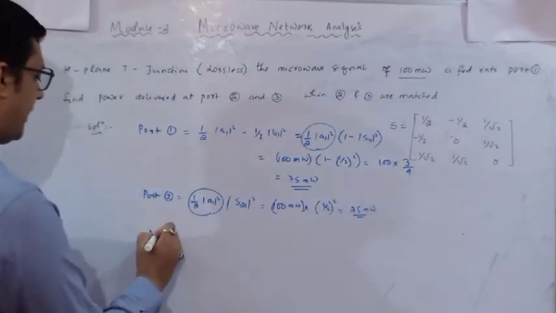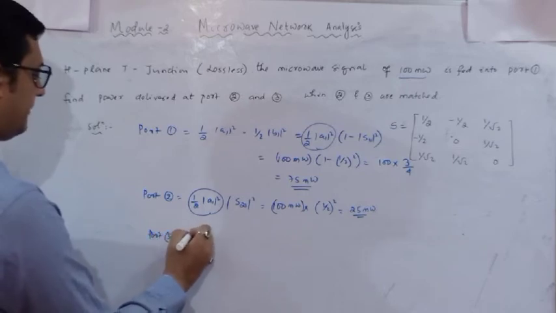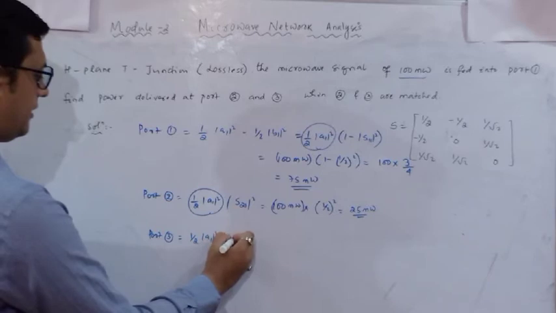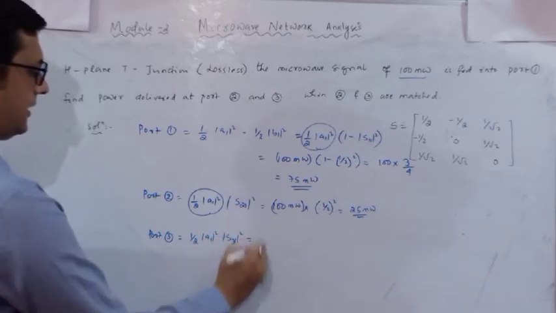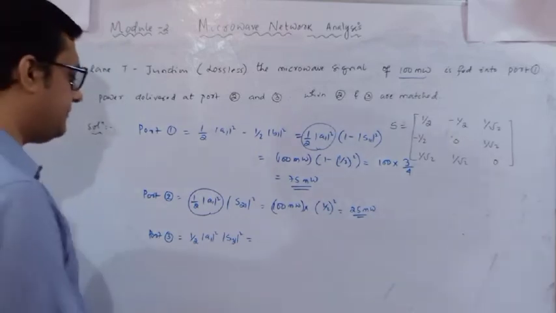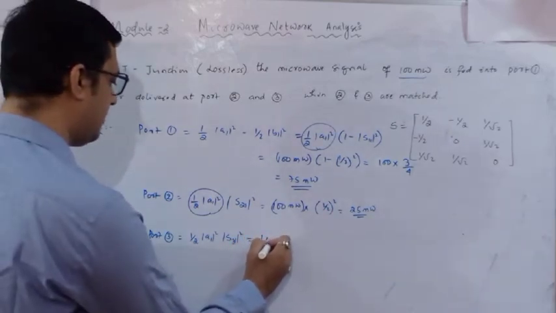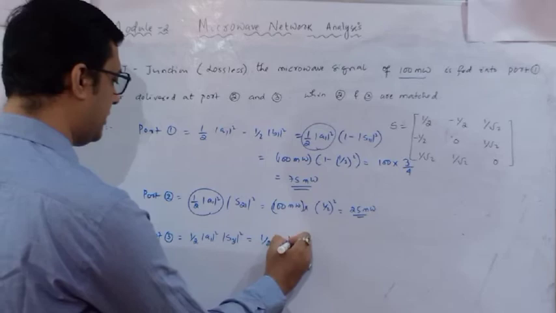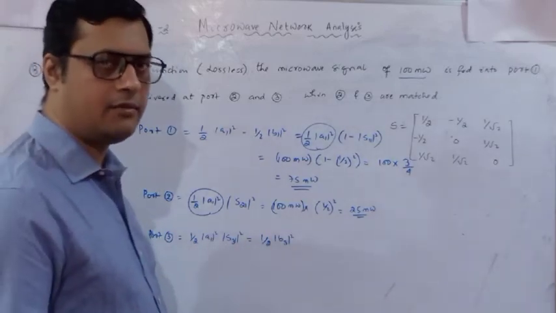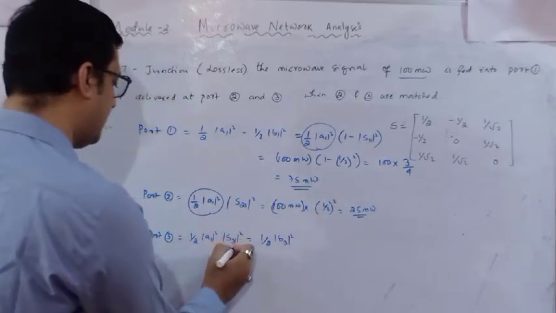Similarly, at port 3 it is half mod A1 square S31 square. Like this I can write with respect to port 3, B3 it will come. So this is mod of half B3 square. I have divided A1 and A1, at numerator and denominator, so we get this value.